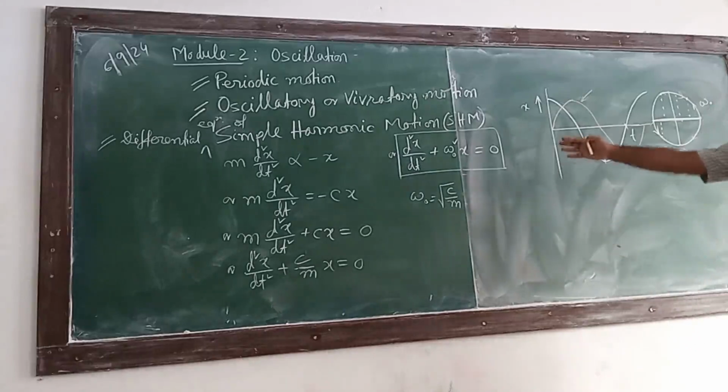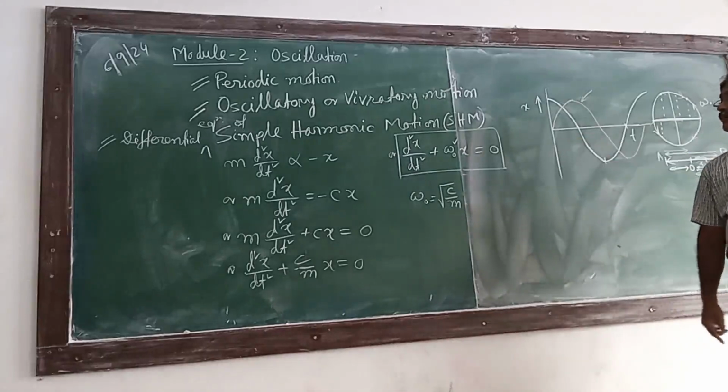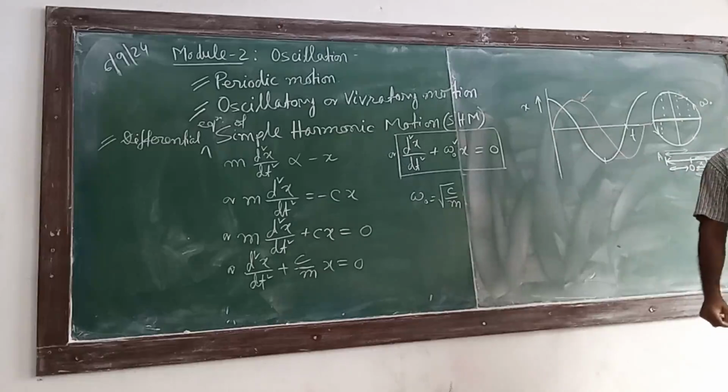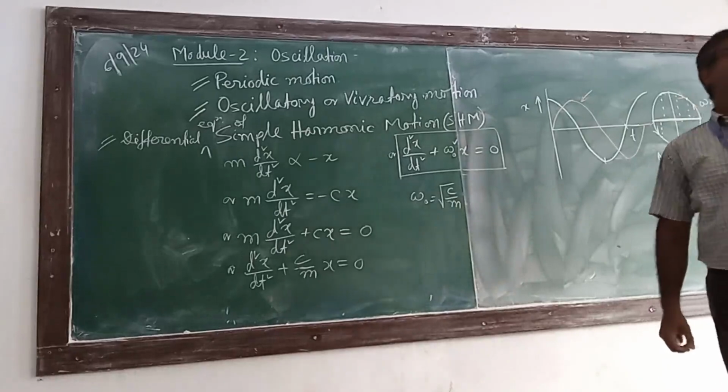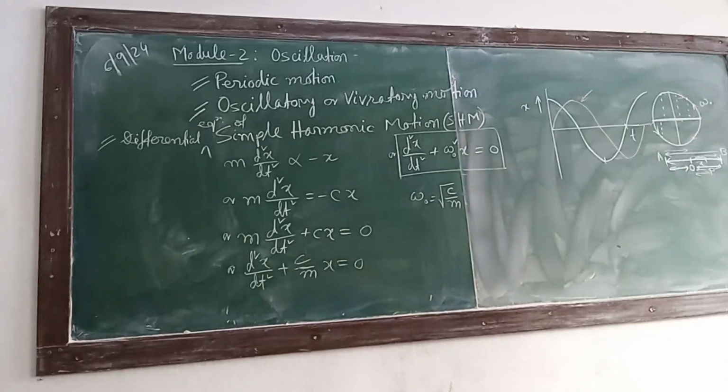So now this is the second order differential equation. We can solve it. How do we solve it? Using the trial solution x equals e to the power alpha t.